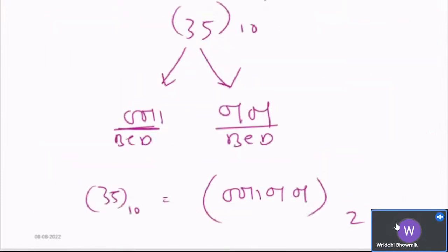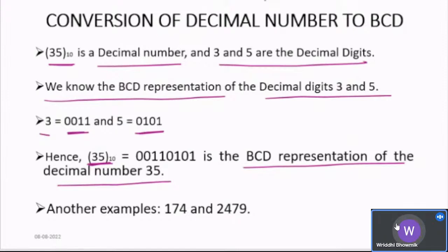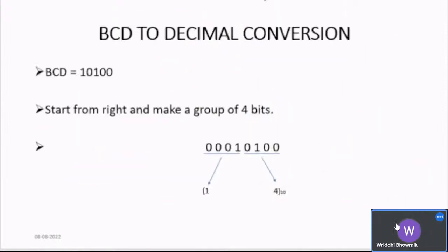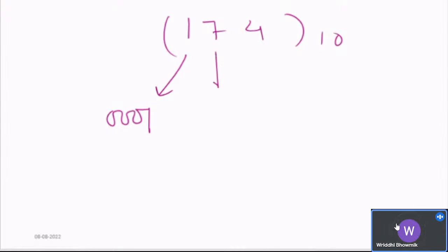So now 35 can be represented in this way. Now another example, 174 and 2479. So 174 base 10, this is the decimal number. How could you represent it? For 1 you have 0001, for 7 you have 0111, for 4 you have 0100.